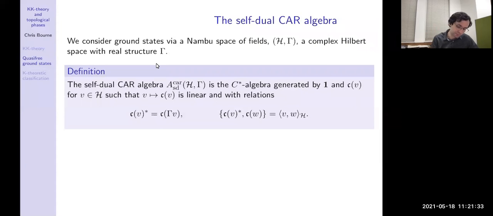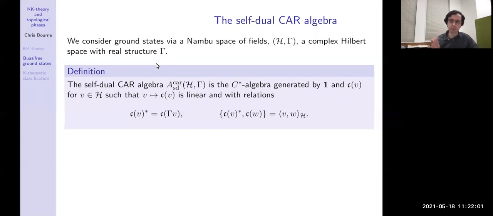So you have your particle space and your hole space, which is useful for modeling superconductors, for example. One way to think about this is I just have a complex Hilbert space, but then I also have this real structure, this gamma, which maps particles to holes. So it's an anti-unitary self-adjoint operator. So it squares to 1, but will anticommute with i.